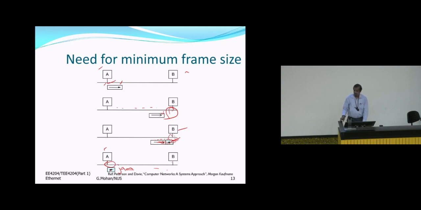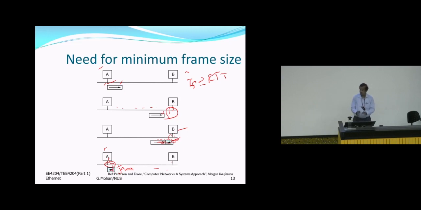So that means when the jam signal comes back, A should still be transmitting. The frame transmission time TF should be at least the RTT, because within one RTT the front end of the jam signal will come back. If TF is greater than this, A is still transmitting the frame, and in that case it will collide with the jam signal.